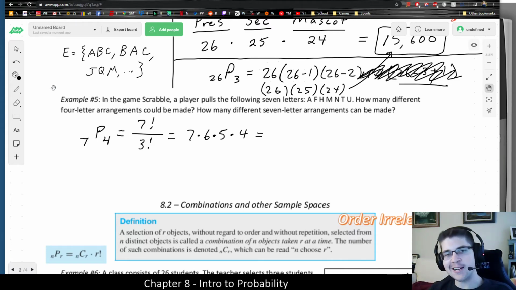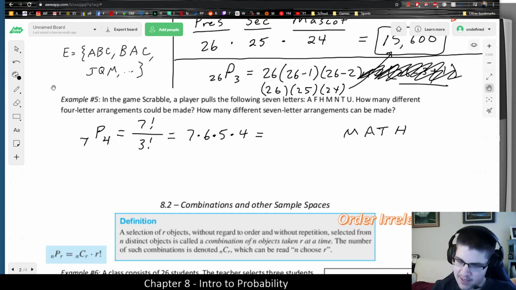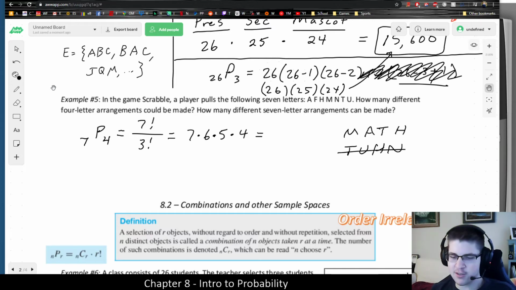Now, another thing you might be wondering is how many of those will actually be words? If I just take 4 letters at random, like M-A-T-H, oh, that's an accident, not really. That's an actual word. But say, for example, I take T-U-H-N. That's not a word. If we wanted to know how many words there are, that's a whole different question, which you'd have to compare to an event space containing all of the 4-letter words as a predefined notion.